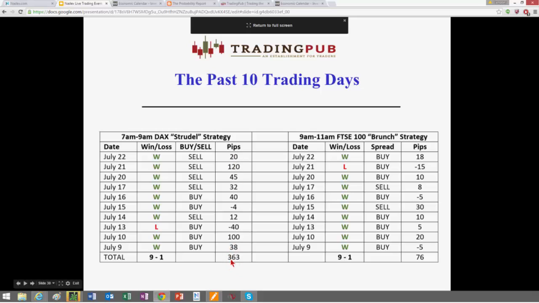So this is not exact science, but pretty close to where I would have made a decision. There were a couple of days, 120 pips there. That's super nice. 100 pips over here, and then $20 here, 45, 32. After a while, that adds up to real money.